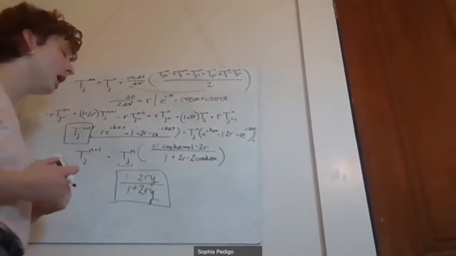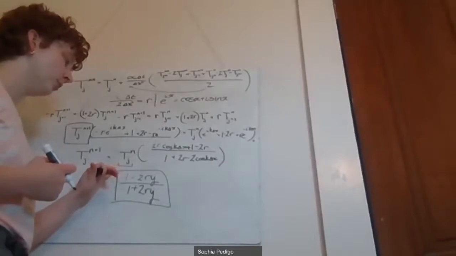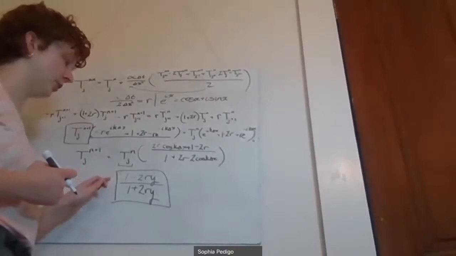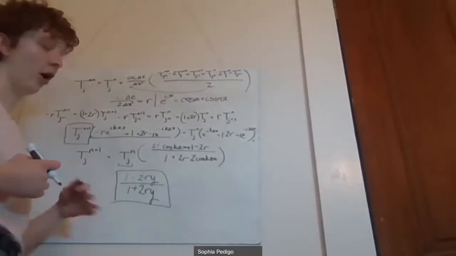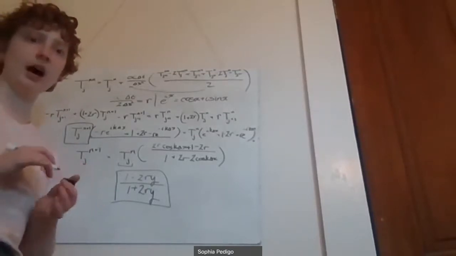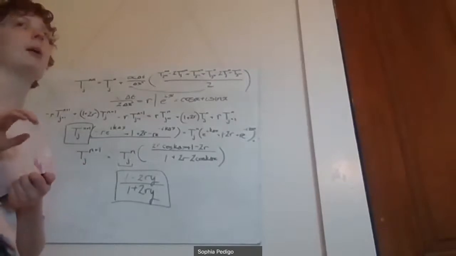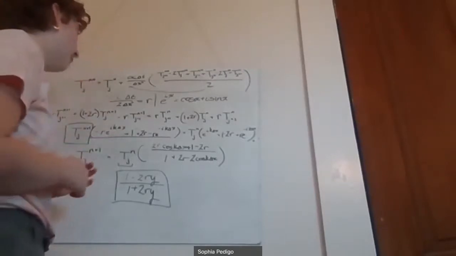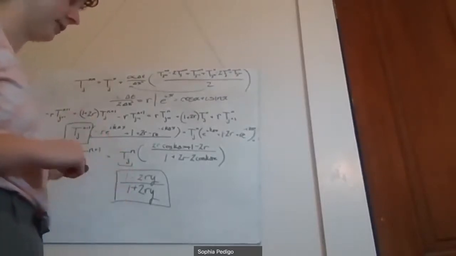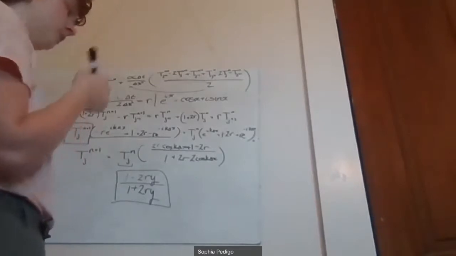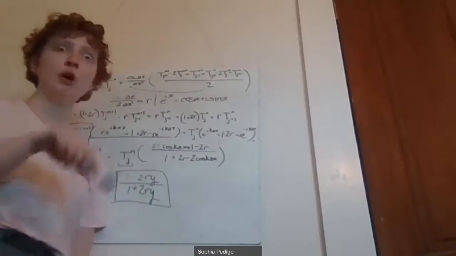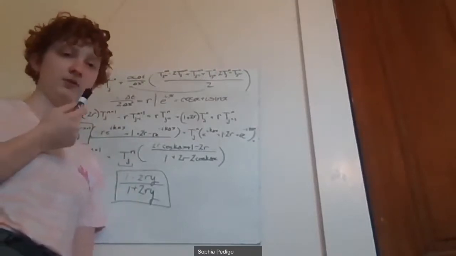But the point is, you're never going to have a super big number, and so it's actually going to be stable for any value of R, unlike our previous method. For any value of R higher than 1/2, you would get this absolutely wacky looking plot. But for this, because it's a negative sign up here and a positive sign down here, you're never going to end up with something super big. And so it's not going to cause that crazy looking plot that we had in the previous video.